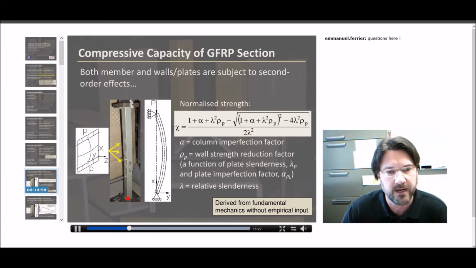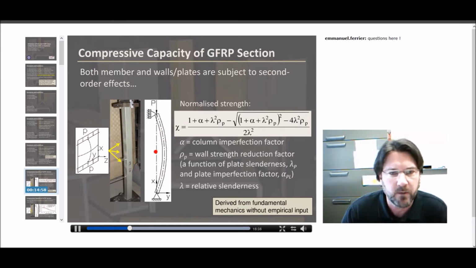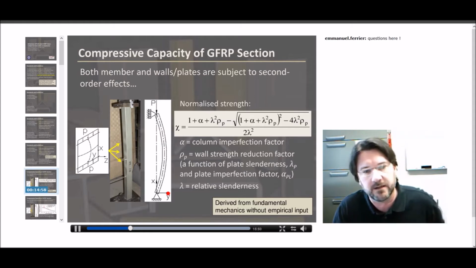It's bowing out away from the camera in this particular case. And so we've got second order effects that are global, affecting the member, but we also have second order effects affecting the plate in compression. And if you look very carefully where these yellow arrows are showing, you can see the shadows of the rippling, the buckling along that compressive face. And so we have a local second order effect as well.